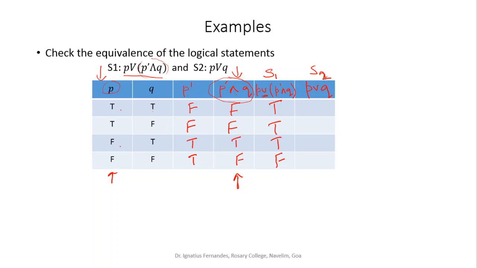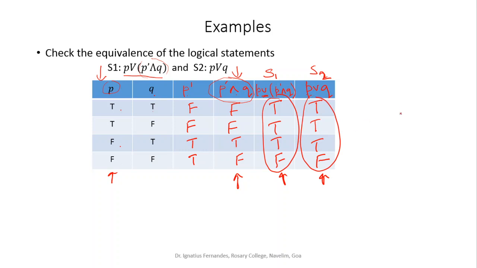The same way, now I write down the truth table for S2. That is very simple. This is P or Q, and straight away we know that it is T, T, T and F. OR is true when at least one of them is true. Compare S1 and S2. You will see that the truth values are the same. So you will say that both the statements are equivalent.